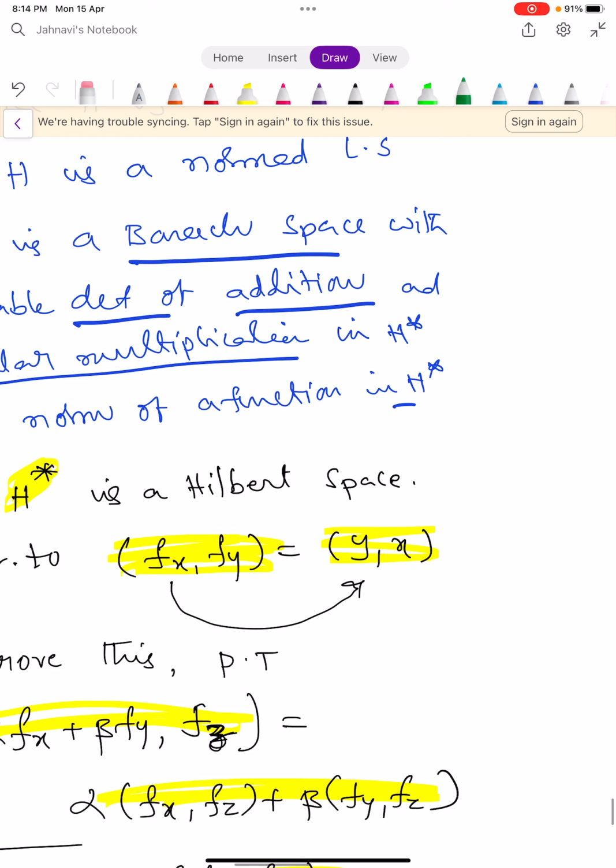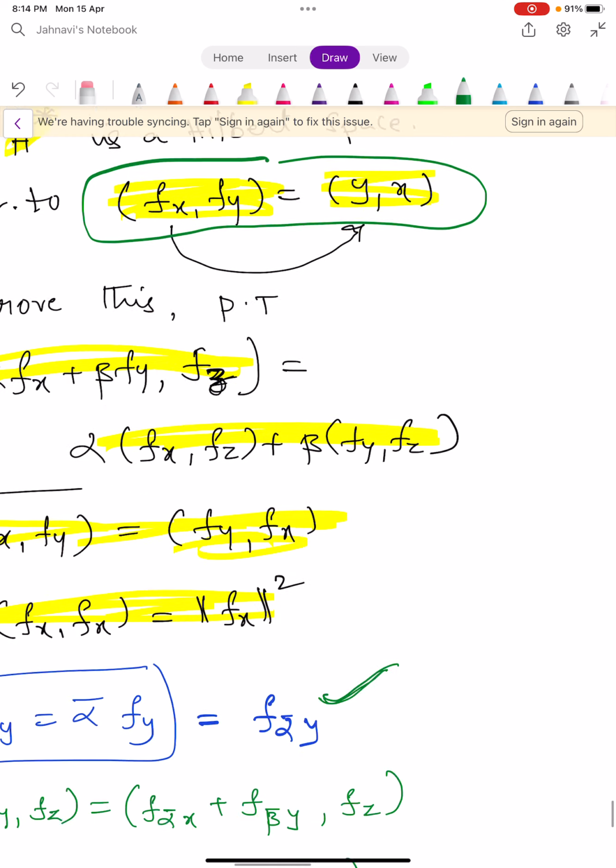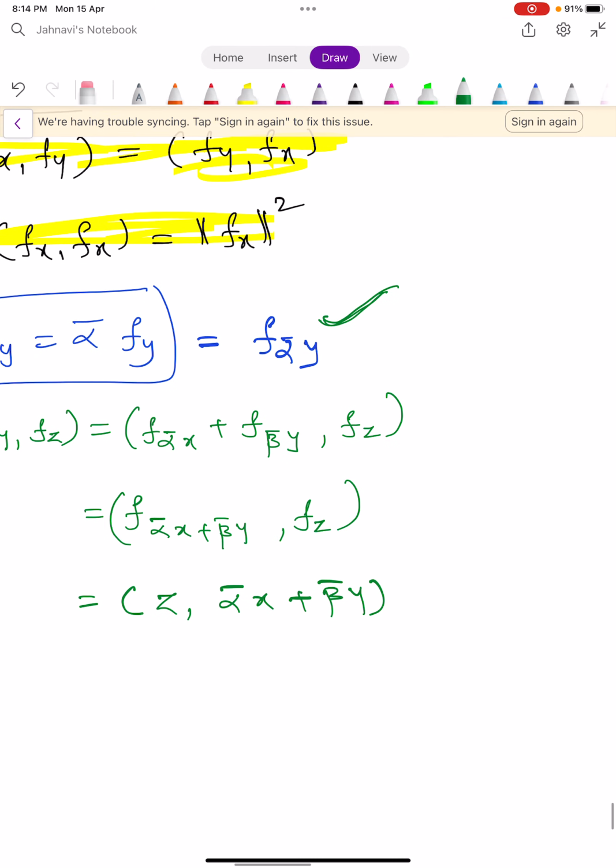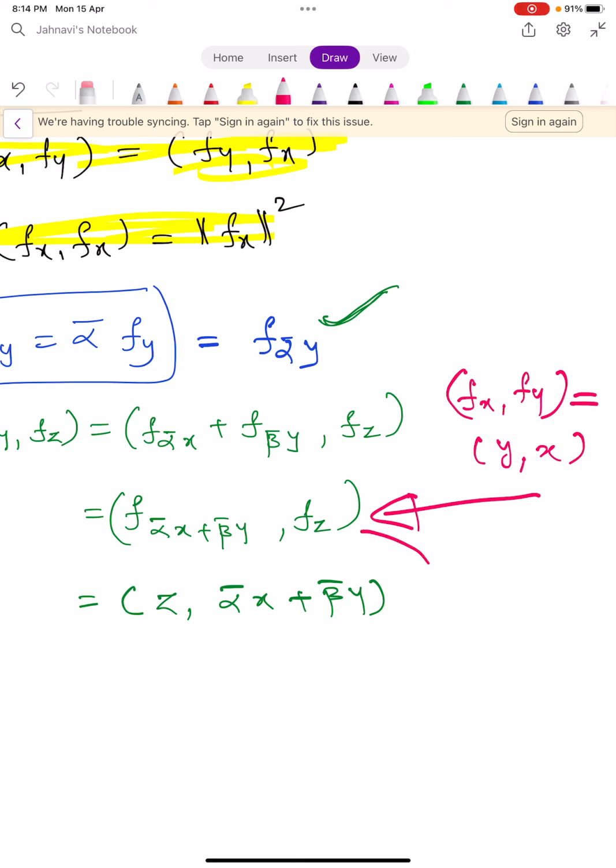You see here, the inner product of fx comma fy is equal to the inner product of y comma x. So by using the definition here, you can write like this. In the statement we have the definition, inner product of fx comma fy equals inner product of y comma x. Applying that here, this can be written as z comma alpha bar x plus beta bar y. Again it can be written as alpha double bar, inner product of z comma x, plus beta double bar, inner product of z comma y.